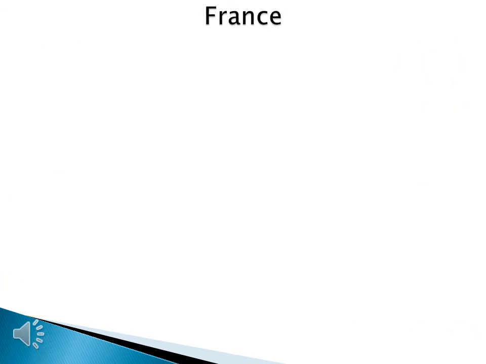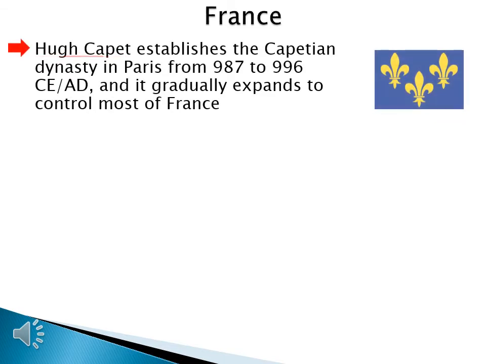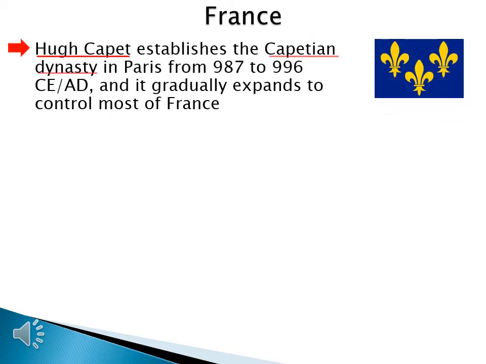The same thing that happened in England happened about 100 years before across the English Channel in France. Hugh Capet establishes the Capetian dynasty in Paris from 987 to 996 CE, and it gradually expands to control most of France. This part of Europe was controlled by the Romans, and then the Franks, and then the Holy Roman Empire.